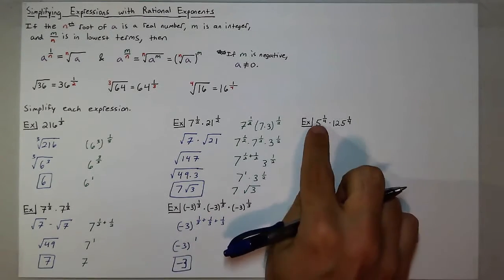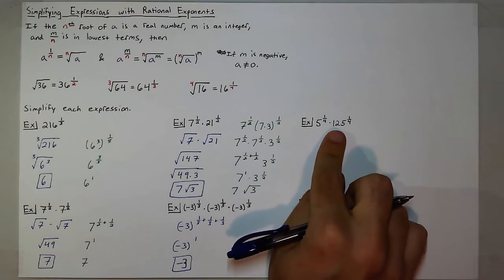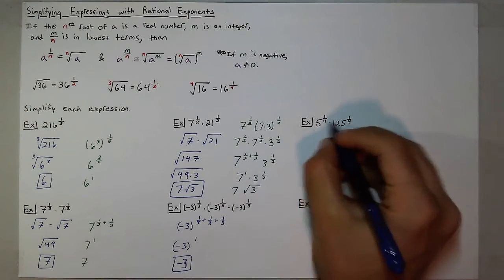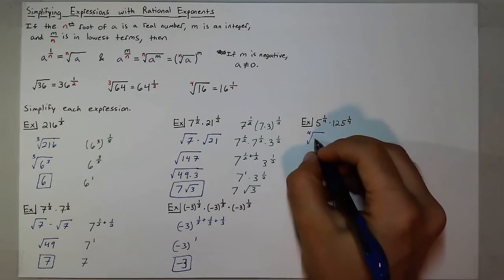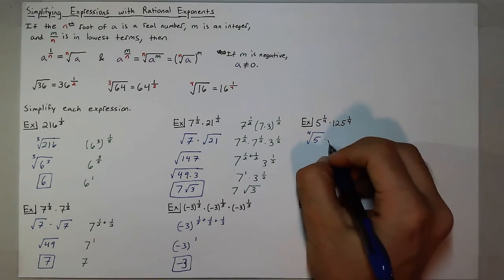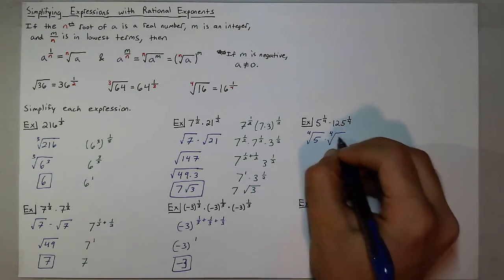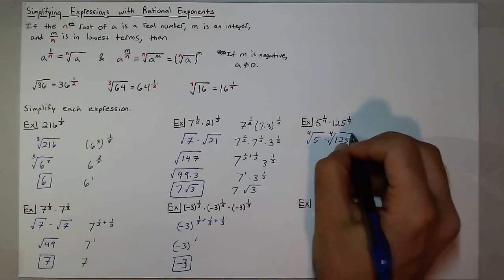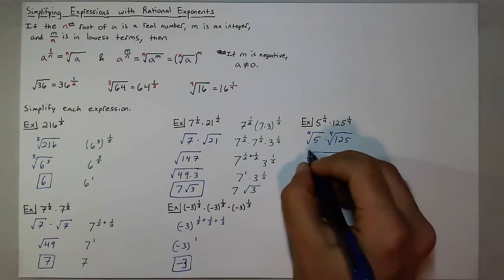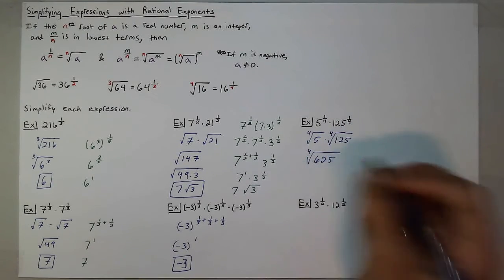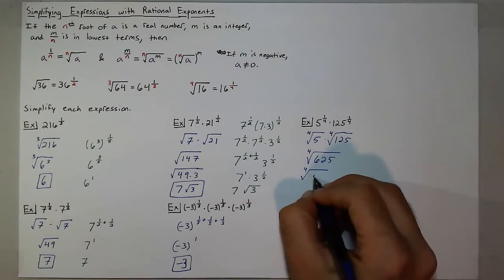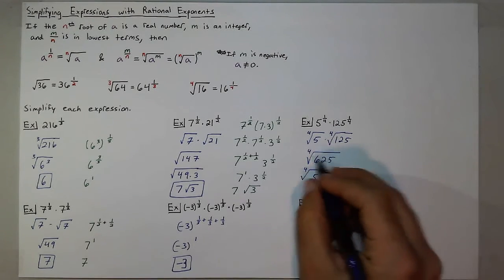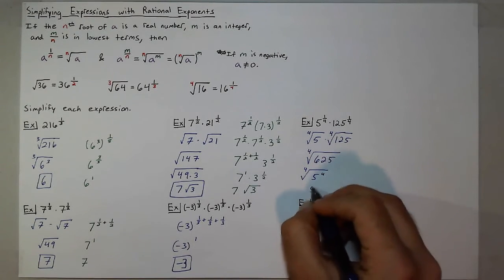Now I have 5 to the 1/4 times 125 to the 1/4. These are fourth roots, since the denominator is 4. So I have the fourth root of 5 times the fourth root of 125. Multiplied together, that gives me the fourth root of 625, and 625 is known as 5 to the 4th. So the fourth root of 625 is 5.